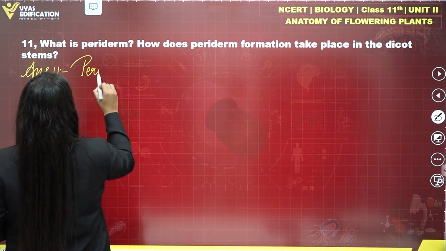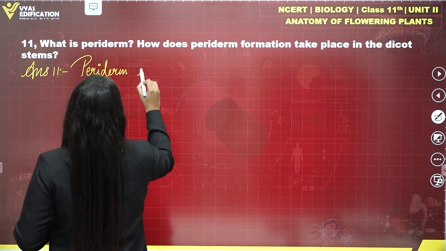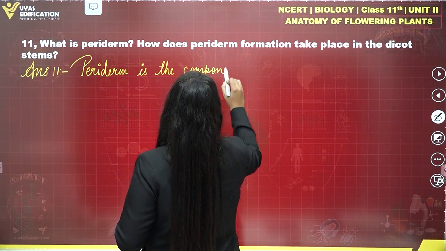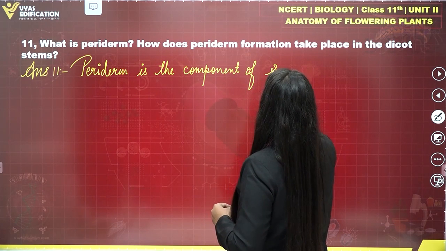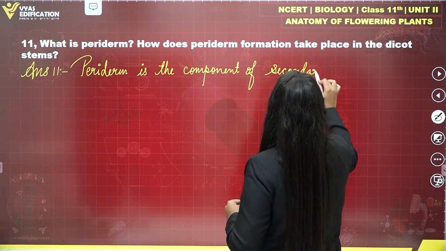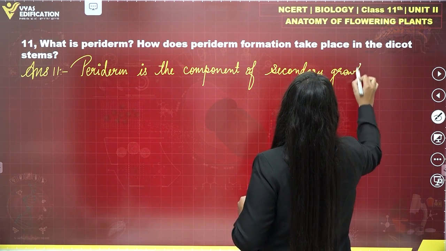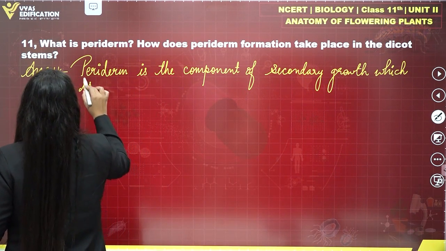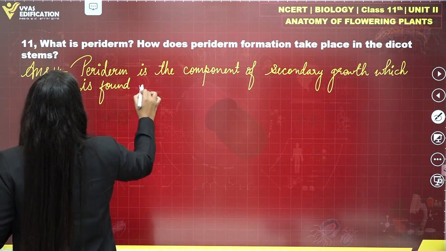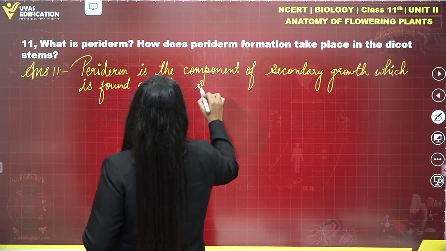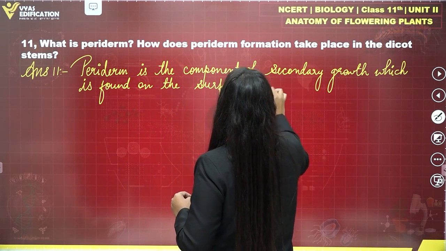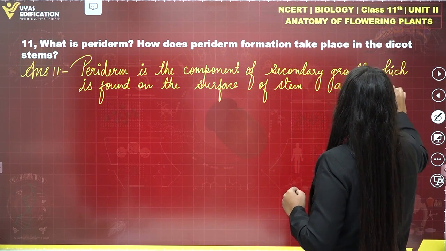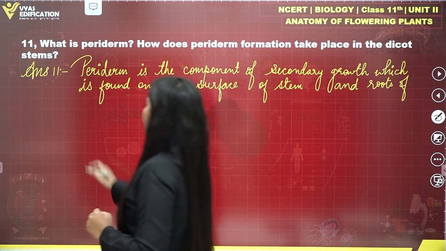Periderm is the component of secondary growth, which is found on the surface of stem and roots of dicot stem.